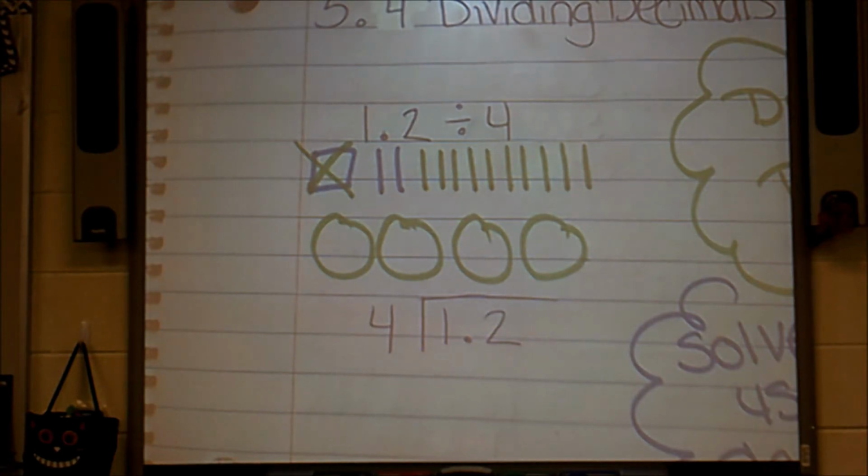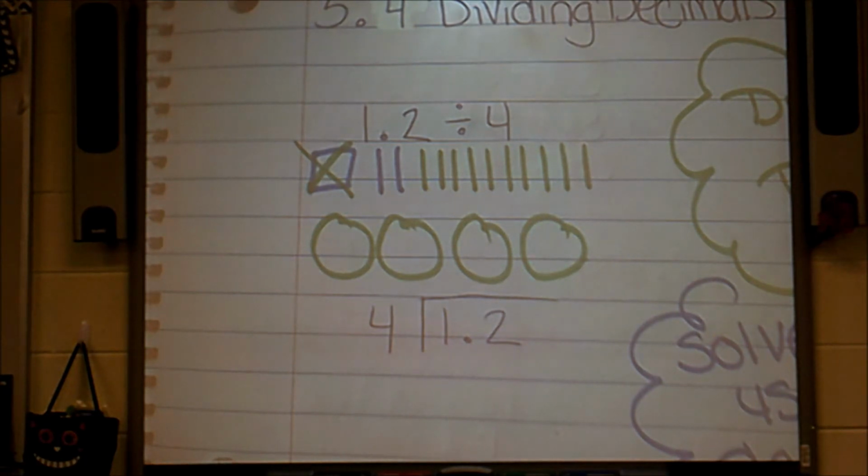So if you count up those tenth rods there, you should have 12 of them. Because I took that 1 whole and I got rid of it. I went to the bank and I traded it in for 10 tenths. So now that I have these 12 tenths, I can easily share those with my 4 friends.